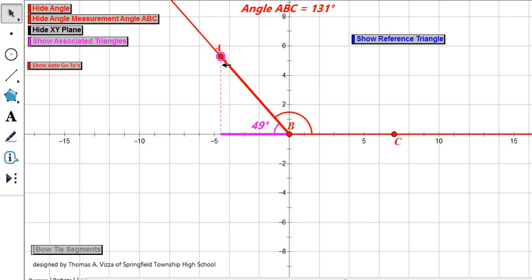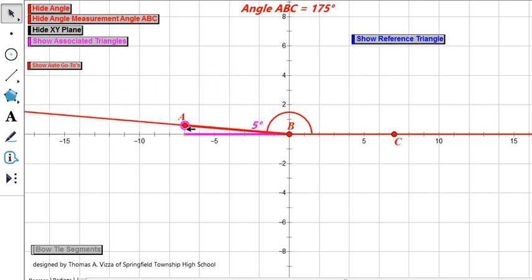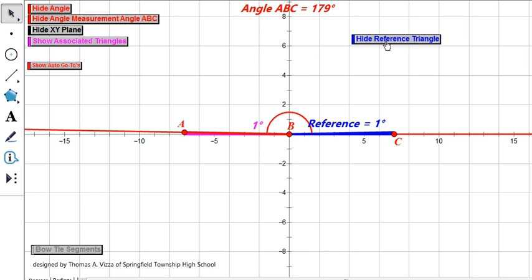So if you notice here, if I went to 135, now this associated triangle is 45, so the reference is a 45-degree angle in the first quadrant. Similarly, if I came all the way up to 179, it shouldn't be a shock that, well, there's only 1 degree left to get to the 180, and the reference angle is, in fact, 1 degree.